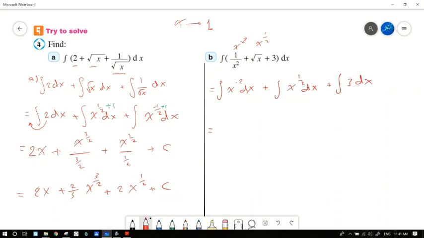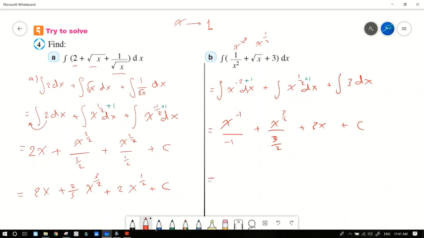So the integration of x power -2, we will add 1 to the power and divide by the new power, and it will be x power -1 over -1, plus x power 3 over 2 over 3 over 2, plus 3x, and finally plus a big constant which includes all the constants resulted from the small integrations.